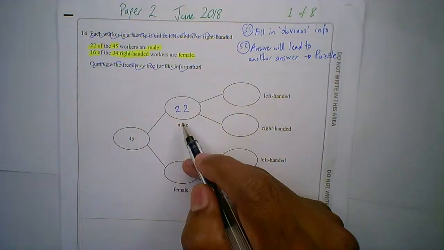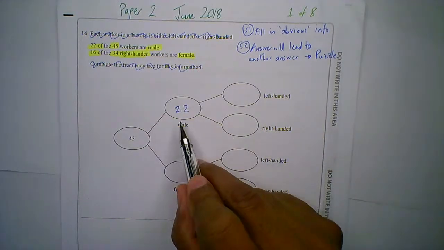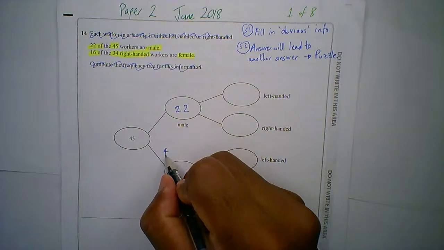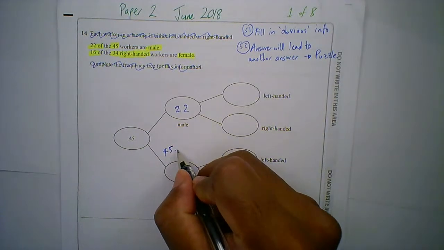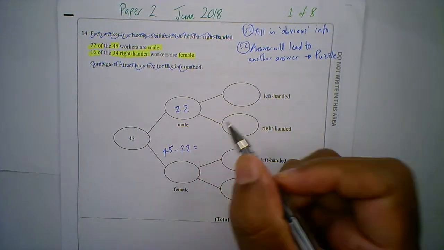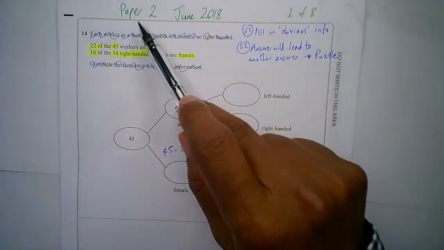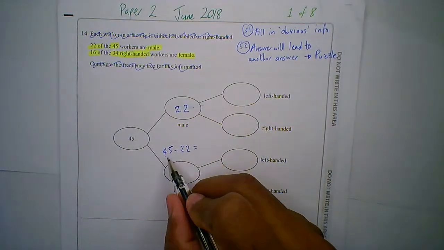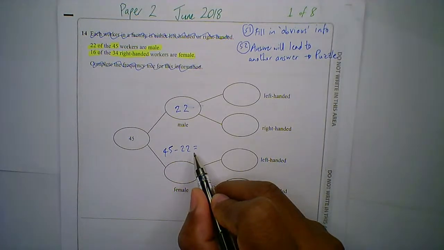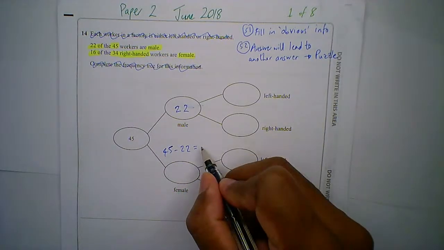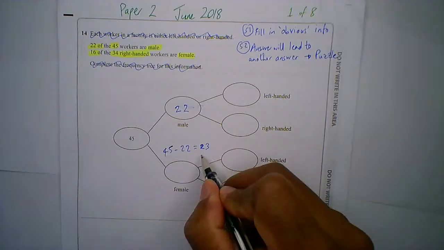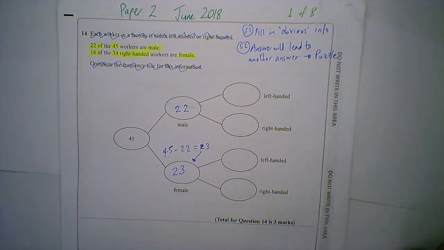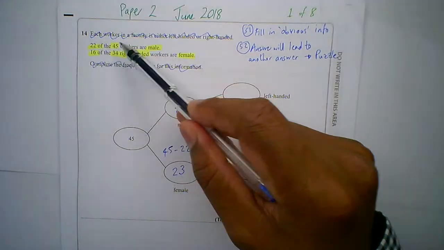Now that we know what we have as male, we can work out the female. So this now becomes 45 take away 22. And it's a paper 2, which is a calculator paper. That gives me 23. So that goes into this box here. So I've analyzed the first sentence.